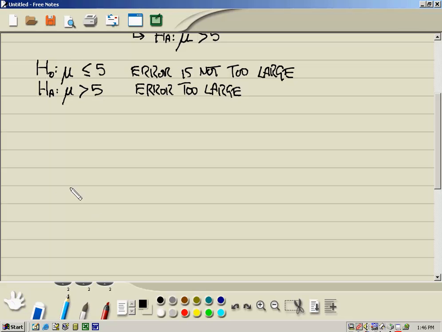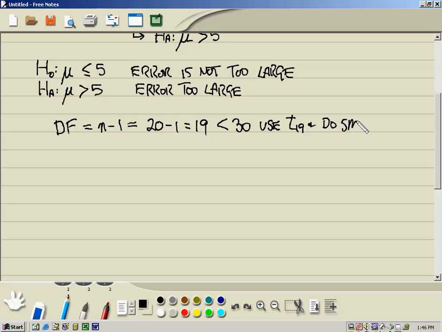Right, at this point, with any averages problem from here on out, we check the degrees of freedom. Degrees of freedom is n minus 1, and in this case the n is 20, minus 1 is 19, which is less than 30, so we'll use the t with 19 and do the small sample test.